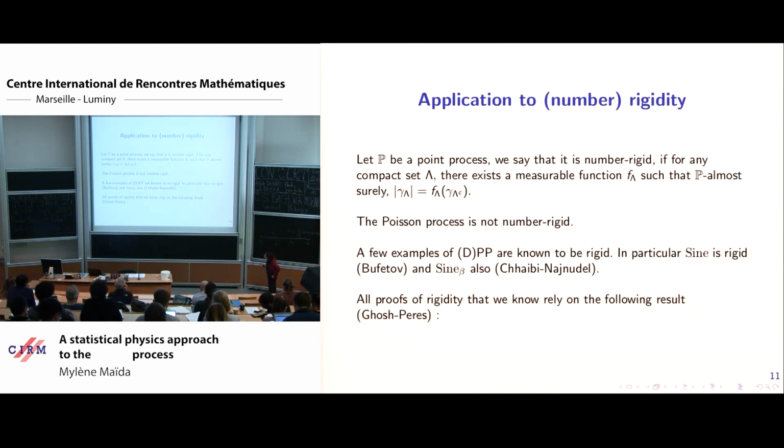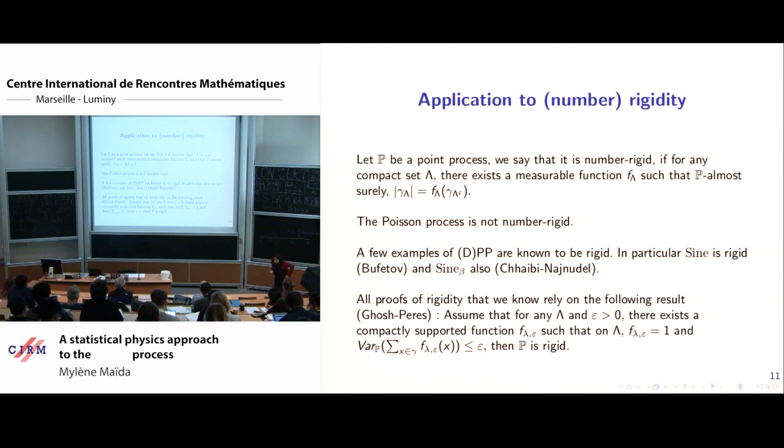And all the proofs of number rigidity that we know rely on a strategy, on a result of Subhroshekhar Ghosh and Yuval Peres, saying that it boils down to a fine control on the variance of linear statistics of the process.